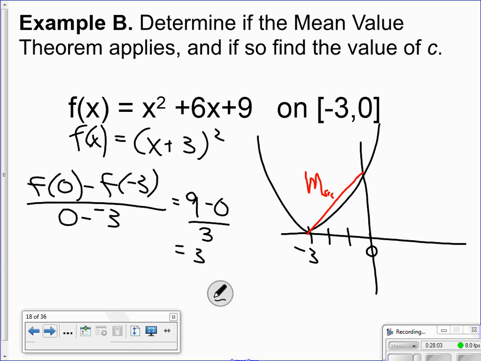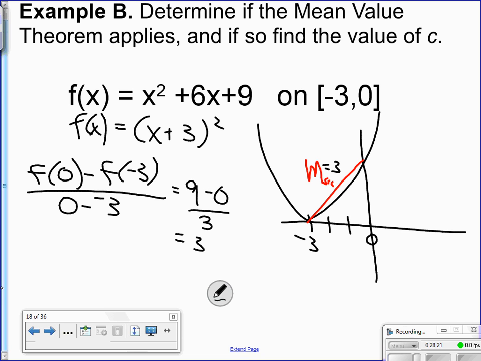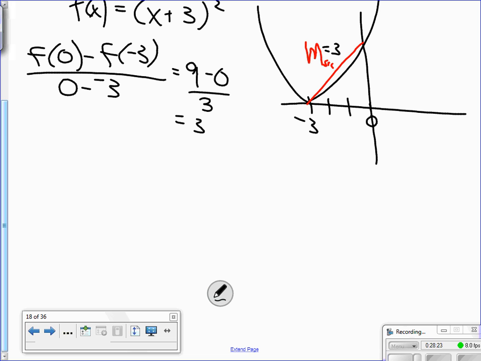So in other words, you've got this parabola. Between negative 3 and 0, the slope's changing. But the average slope, the average rate of change, would be 3. That's the slope of the secant. Now we want to find out where the tangent line has the same slope. So what's the next thing I've got to do? Now we've got to get the derivative.